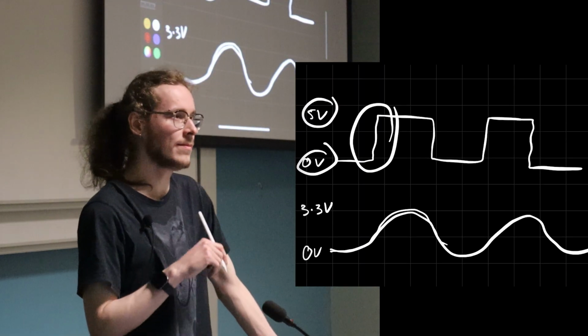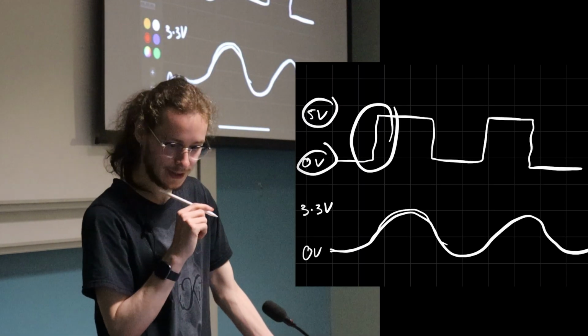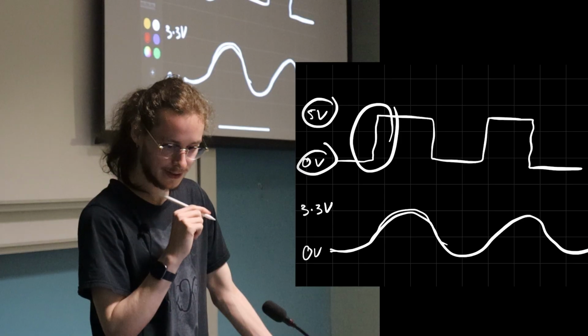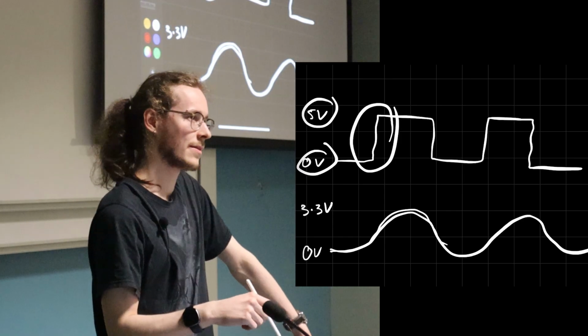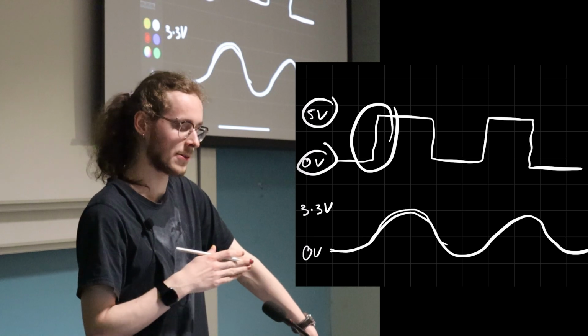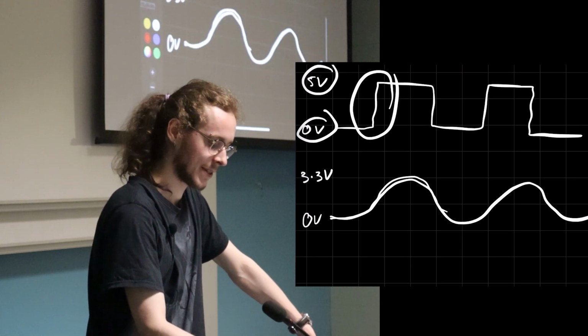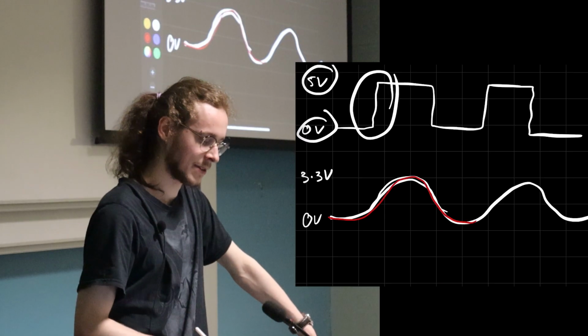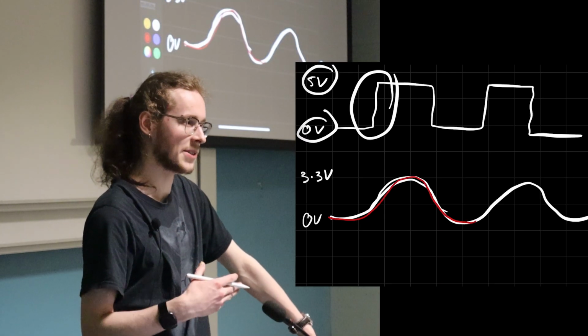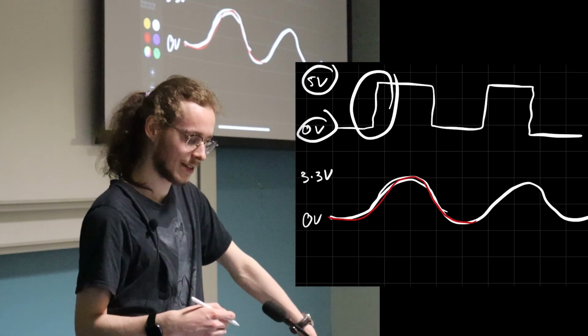And the analog to digital converter converts this signal into a digital number basically.